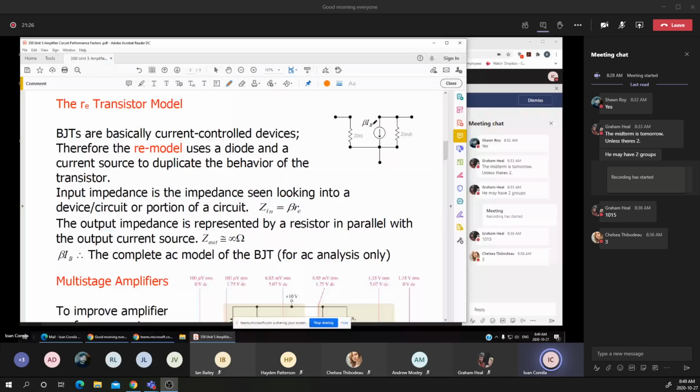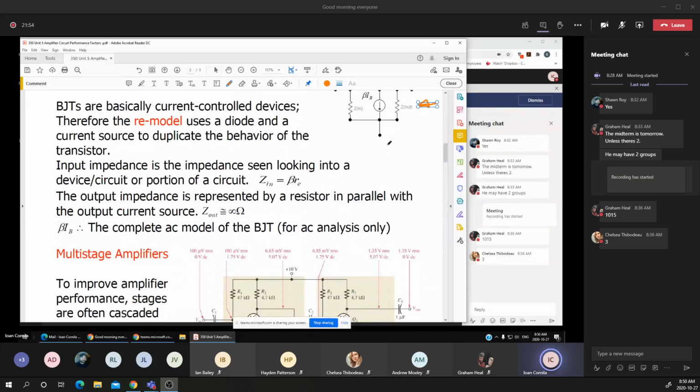Means that by changing the IB through the beta, or the gain of the transistor, we are changing the collector current. Now we have the output. Again, if I'm looking from the load point of view into the circuit, into the transistor, I have the Zout, or the output impedance, in parallel with the current source.